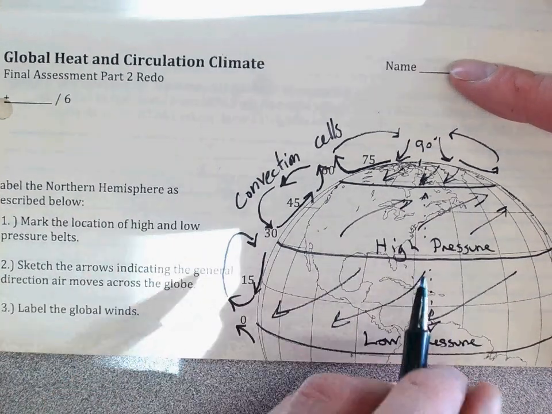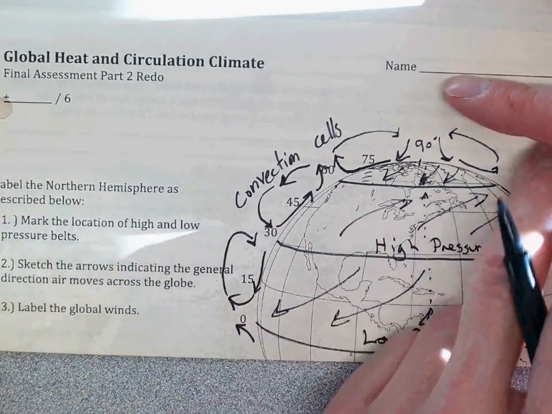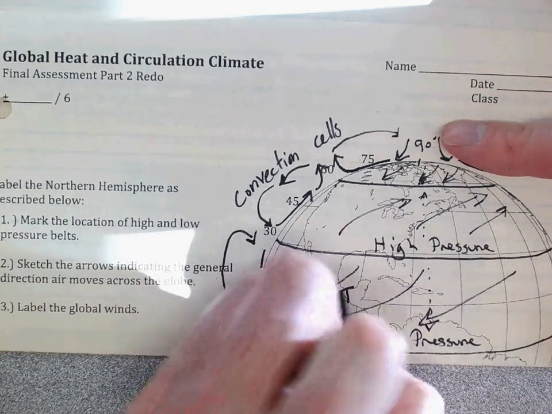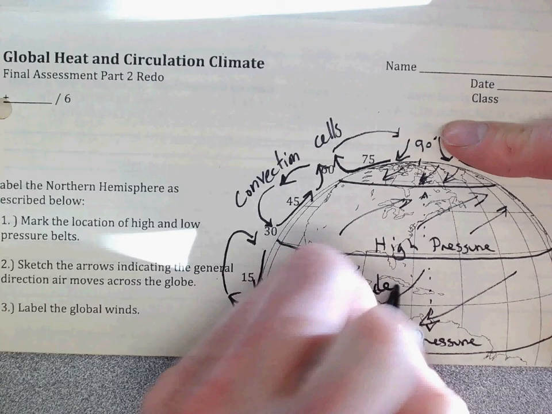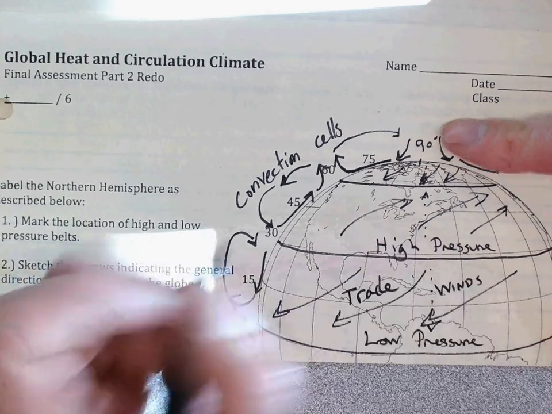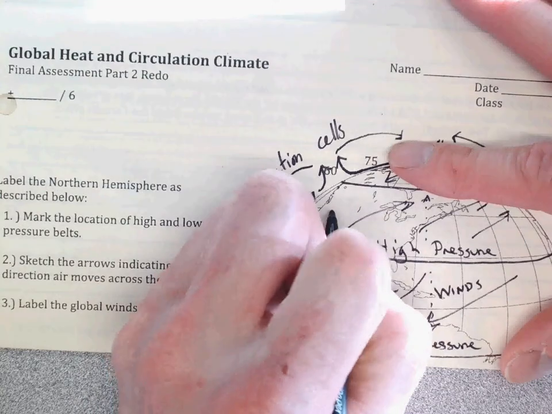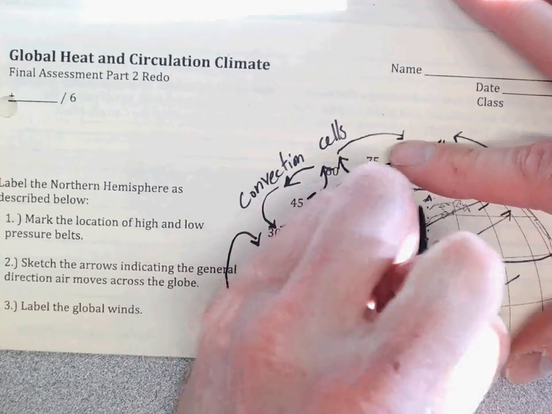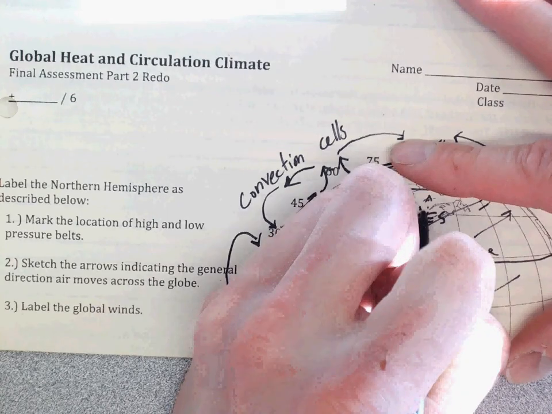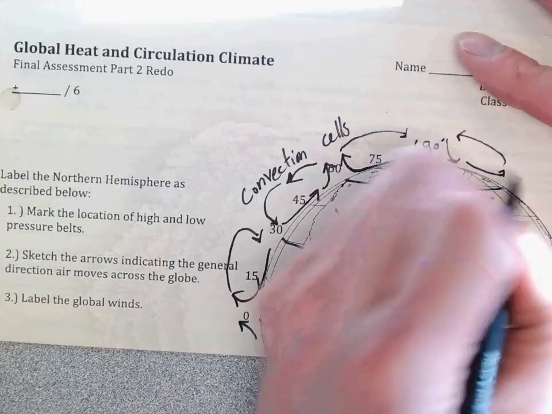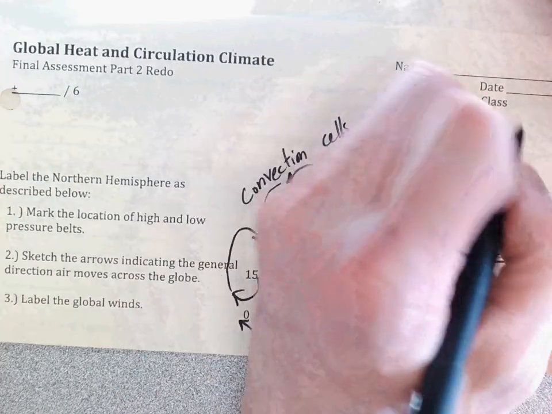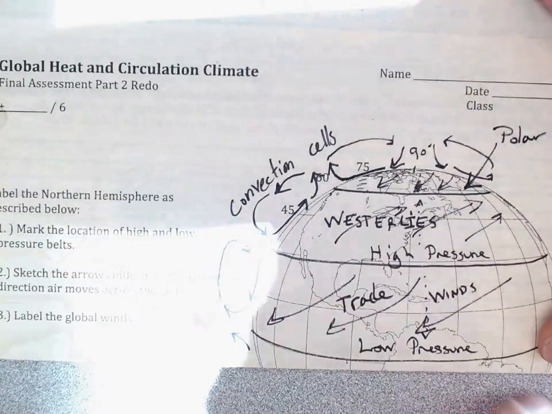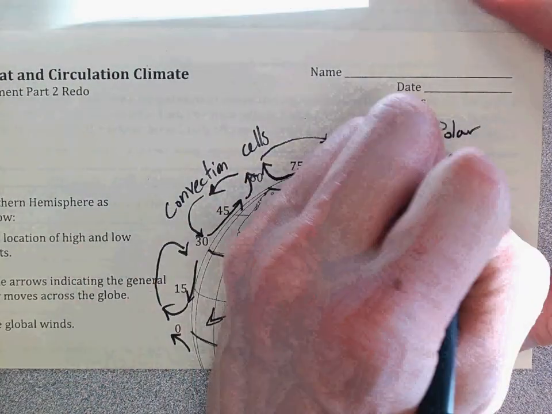And so this is, because of the Coriolis effect, we get the winds moving in these different directions. And we call these ones the trade winds. We call these ones the westerlies because they come from the west. And then we call these ones, here I'll kind of draw an arrow pointing to them, the polar easterlies, because they're up north.